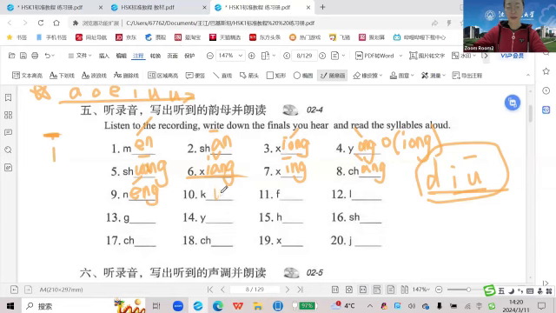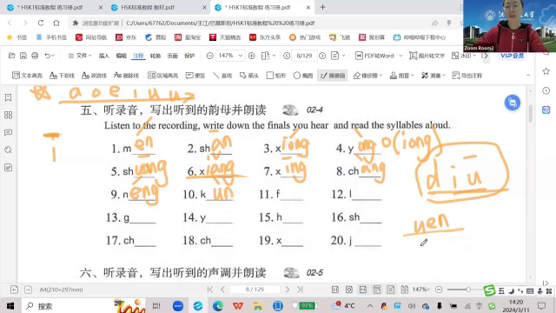Okay. So the right answer should be 困. So some students have input their answer like this. Yes, 困.